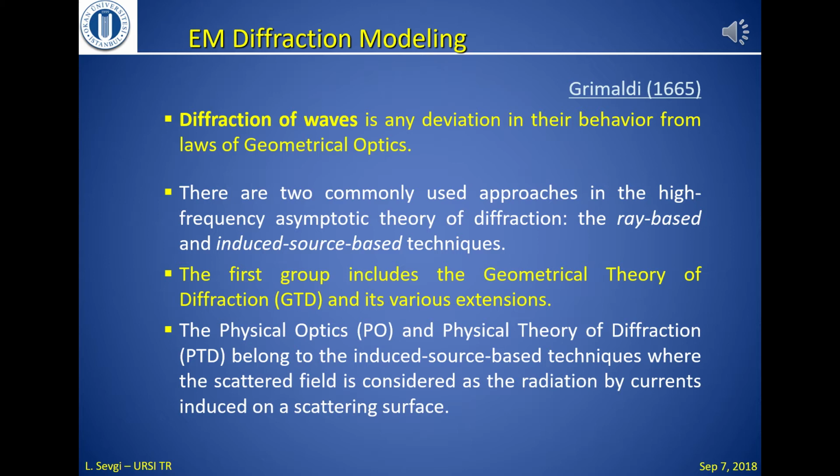The first group includes the geometrical theory of diffraction, GTD, and its various extensions such as UTD, Uniform Theory of Diffraction. The second group includes physical optics and physical theory of diffraction.